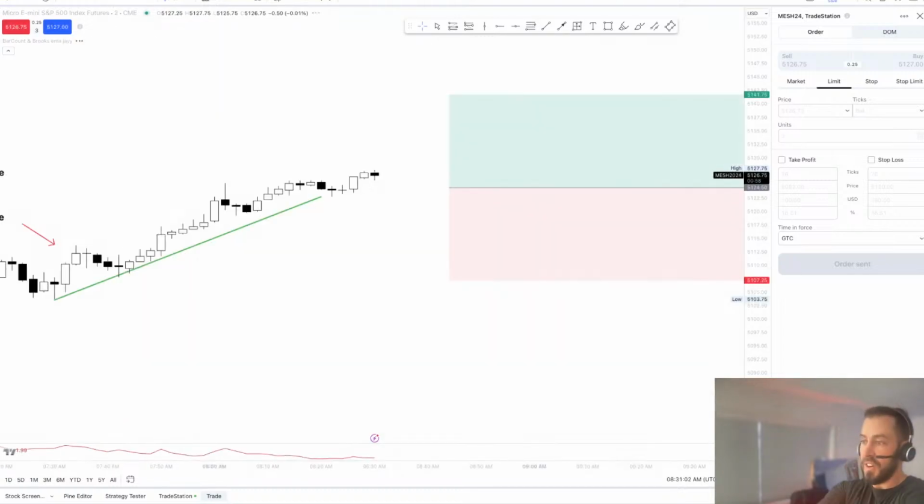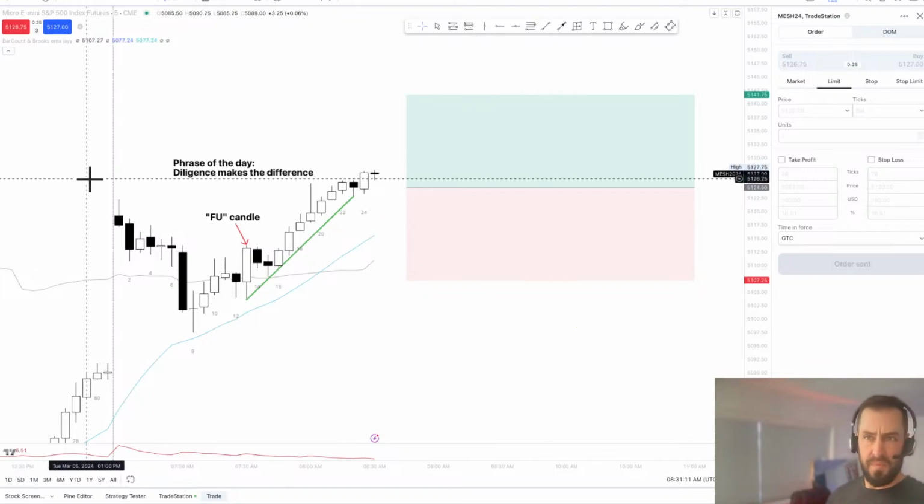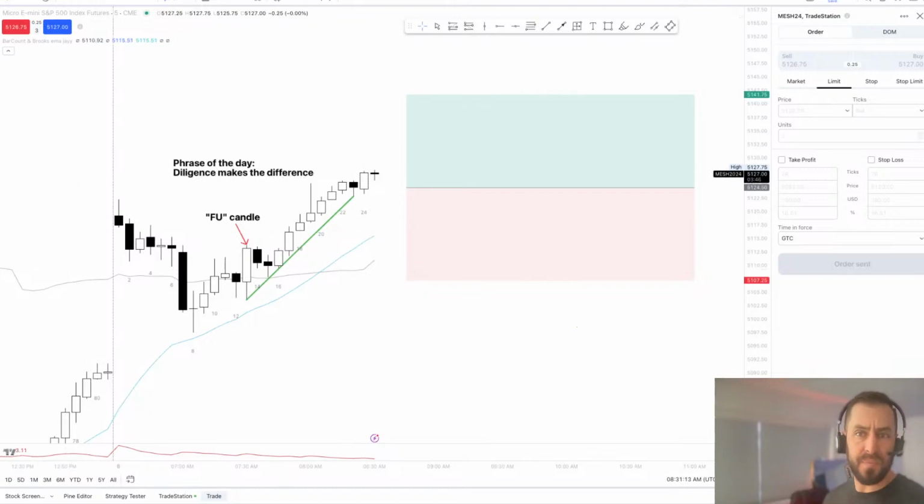Let's check out the 2-minute chart. No slowing down. We are in a channel pattern. It is Wednesday. Anything happening on financial juice?